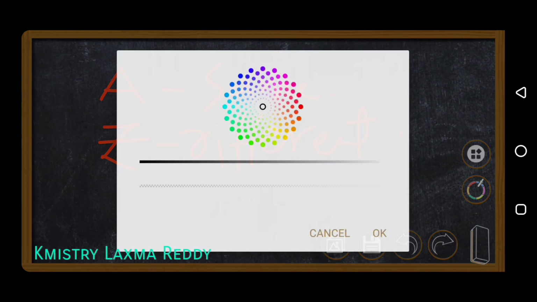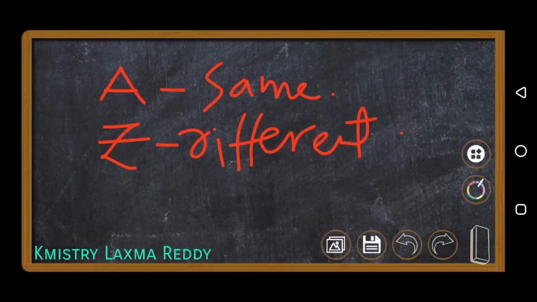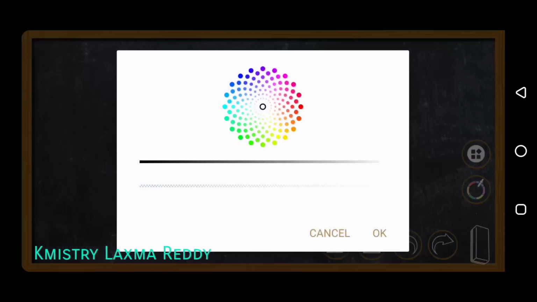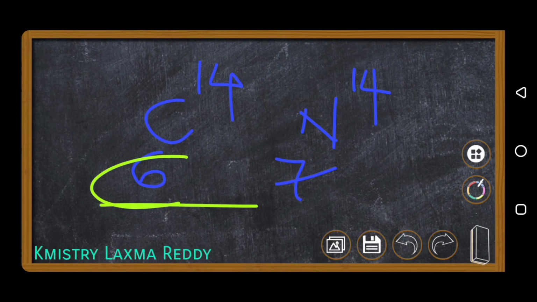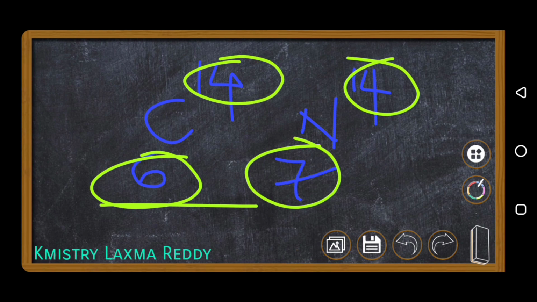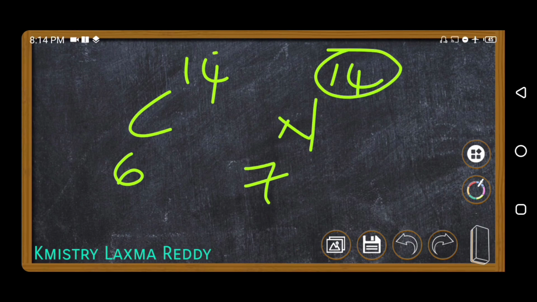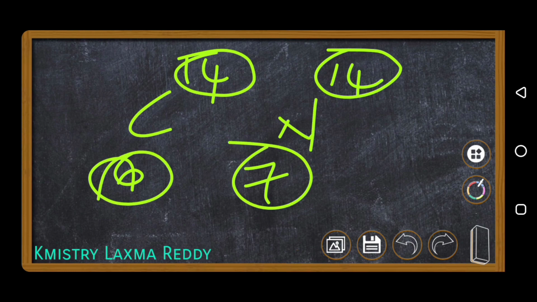Example, what is the meaning of A same, Z different? For example, if you take carbon-14 (6C14) and nitrogen-14 (7N14), these mass numbers are same, atomic numbers are different.